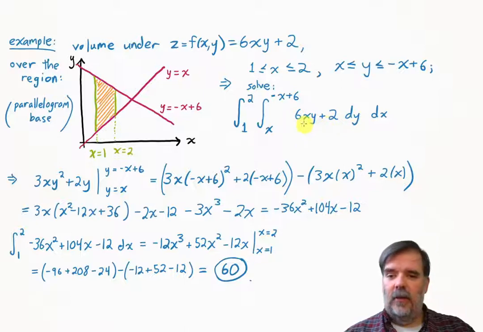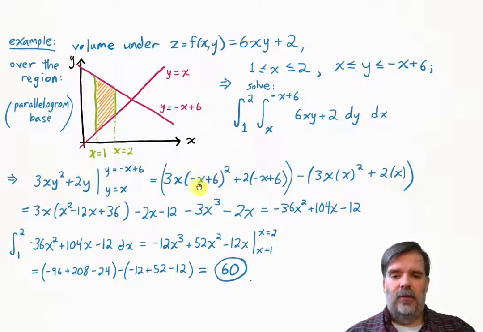And that antiderivative turns out to be 3xy squared plus 2y. We need to evaluate that from y equals x to y equals negative x plus 6. So we'll plug that in for y, minus y equals x. So we plug in x for y.